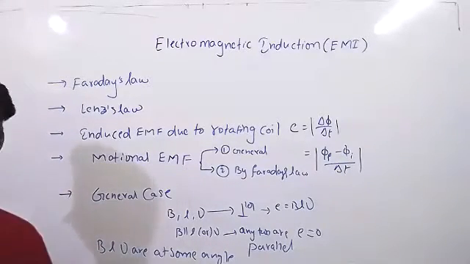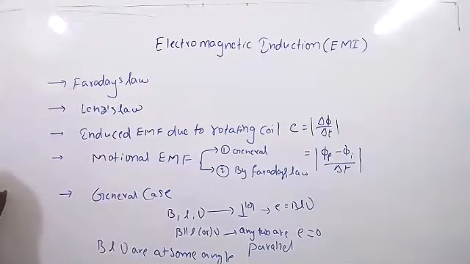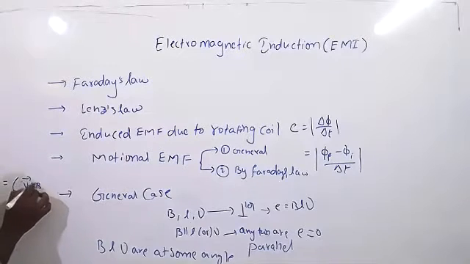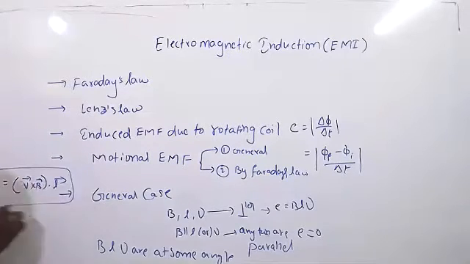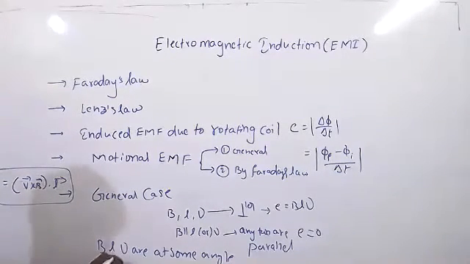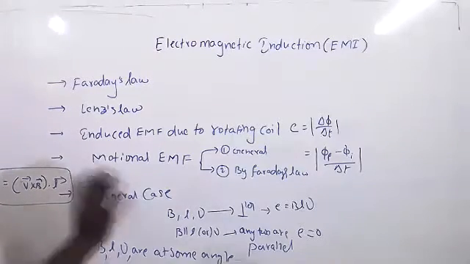What formula will you get? E equal to V bar cross B bar dot L bar. This is the formula you will get when B, L, V are at some angles, not right angle, not parallel.